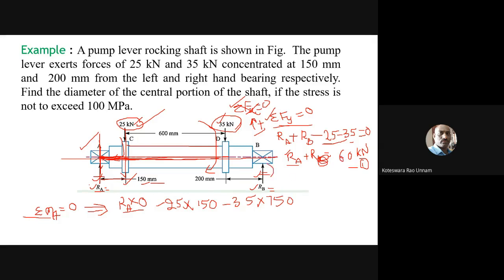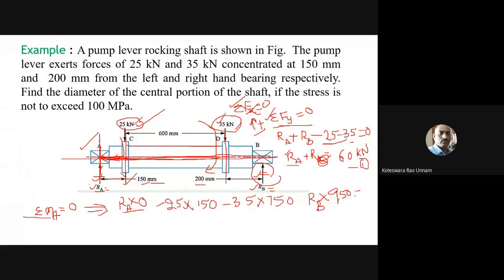Then I'll have RB. I'll take RB times the perpendicular distance between point A and the line of action of RB, from here to here, the total distance. Up to here it is 750, plus 200, it is 950.